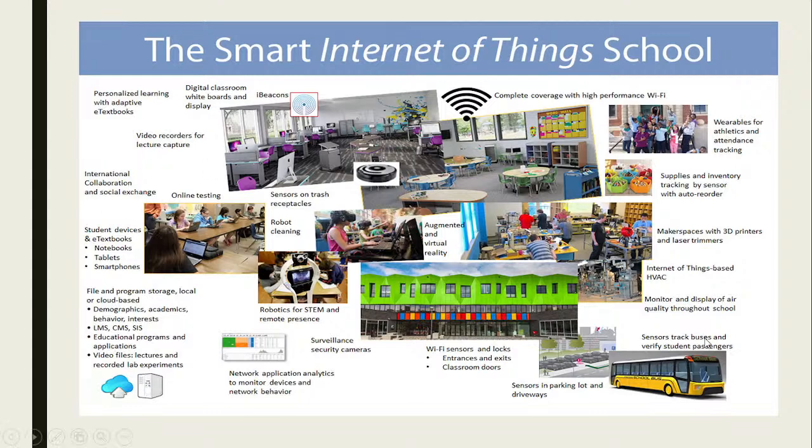For example, if you look at the bottom part here: sensors track buses and verify student passengers. Maybe not needed for higher standard students, but for primary students who are 5 to 8 or 9 years old, the parents should be able to know where they are.